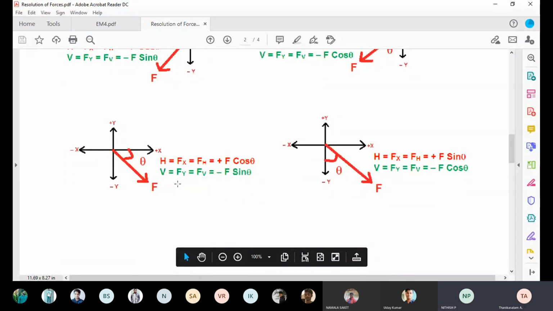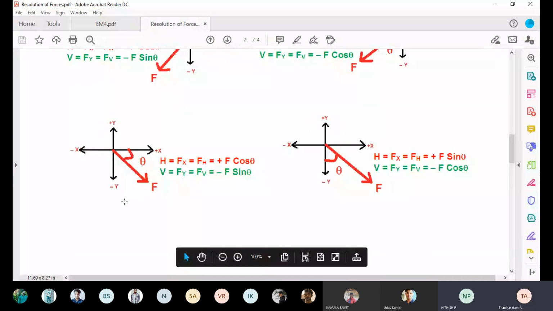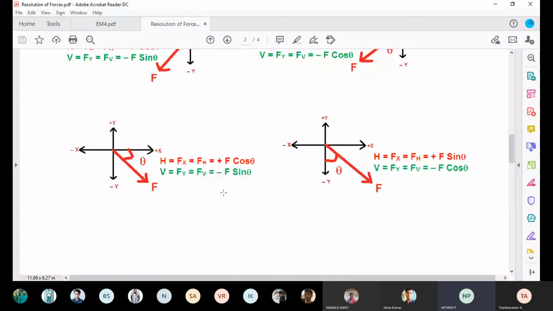Okay, sir. In the fourth quadrant, in the first diagram, the force is along the x-axis, sir. If you resolve the force along the horizontal component, it will become F cos theta, plus F cos theta, sir. Then y is negative over there, so the force along the y component, or vertical force, is equal to minus F sin theta, because the y side of the quadrant is minus, sir.